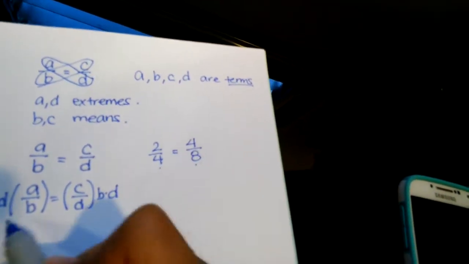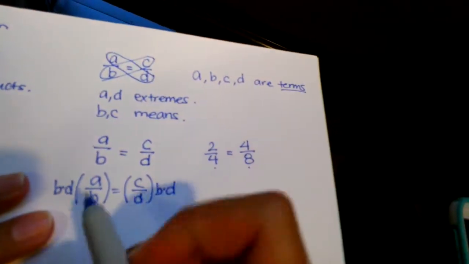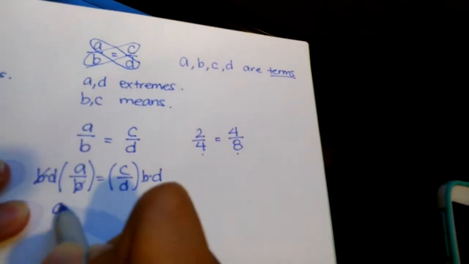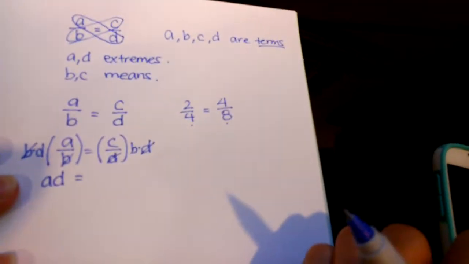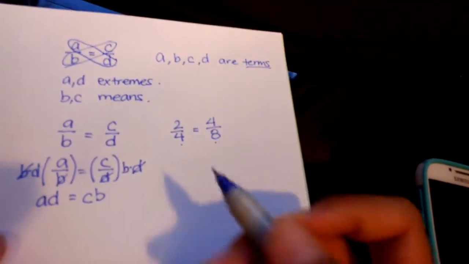Since the order of multiplication doesn't matter due to the commutative property, I can write it whichever way I want. So if I multiply B over D, on one hand, I have AD, and on the other hand, because the D's cancel out, I have CB, or BC.